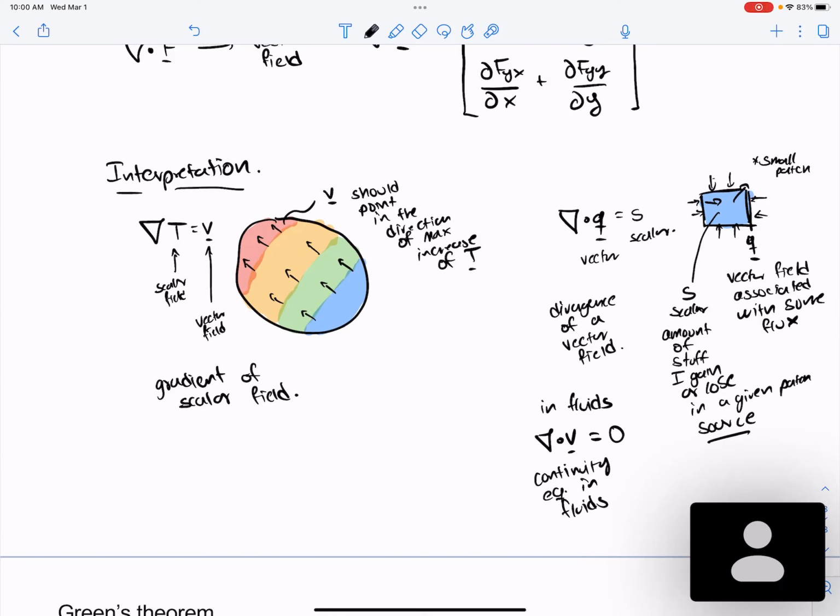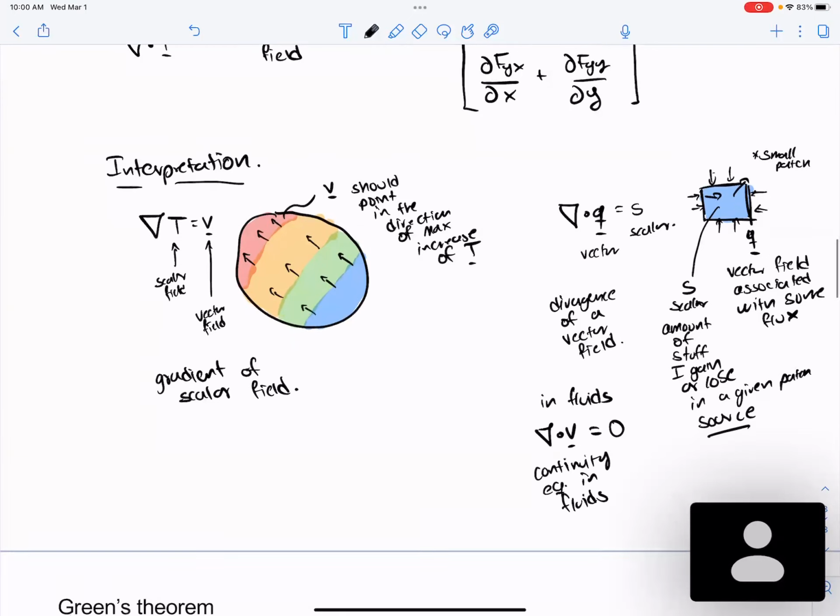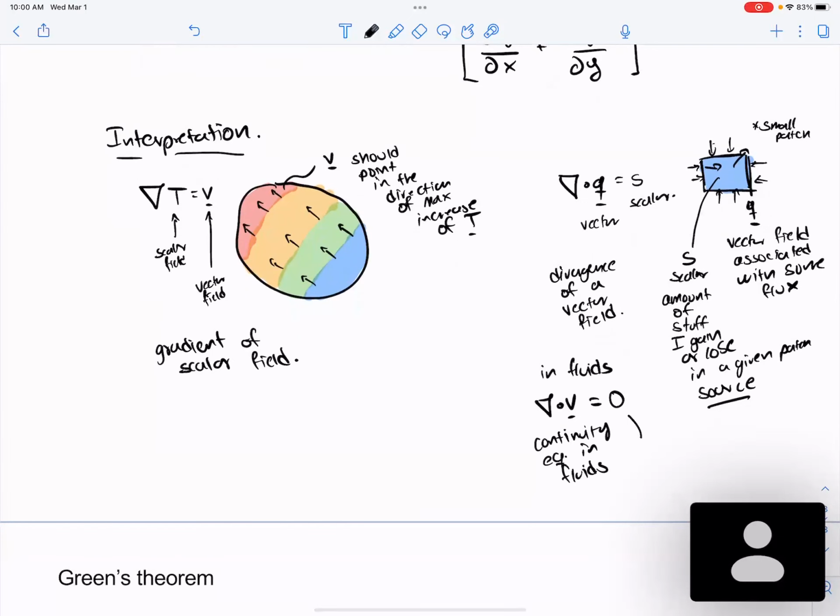This means if you count basically all the particles that go in and out of a small region, then mass should be conserved. So therefore the net loss or gain of mass should be 0, at least for incompressible.